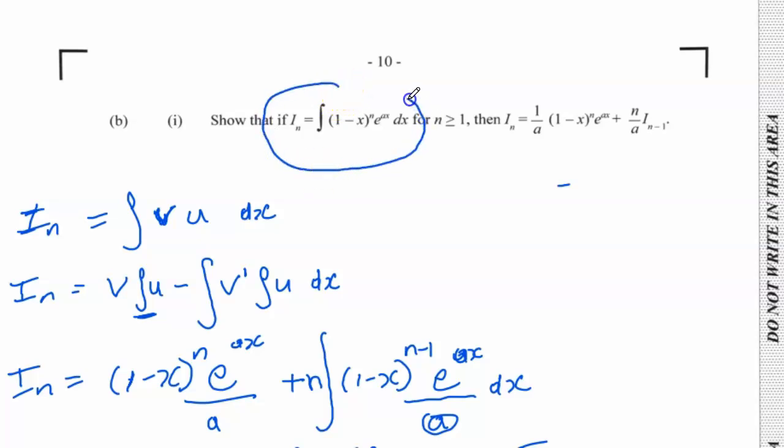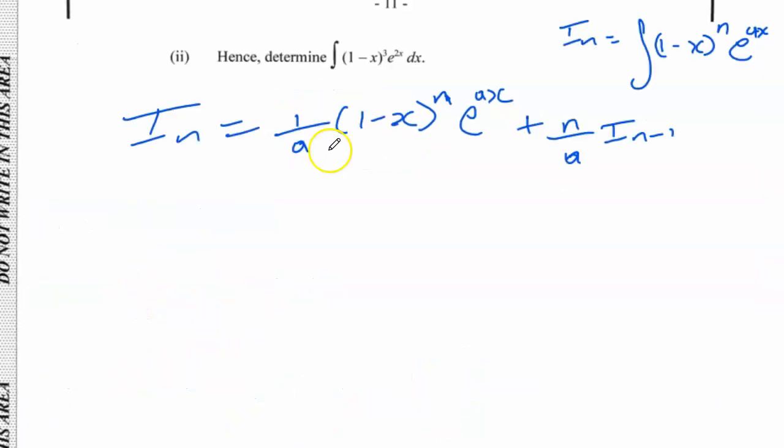Notice when 1 minus x is raised to the power of 3, we're basically being asked to find I3. Let's rewrite everything in the question. I restate the In and the expression that we have for In, but based on what we're asked to find, 1 minus x to the power of 3, we're basically being asked to find I3.